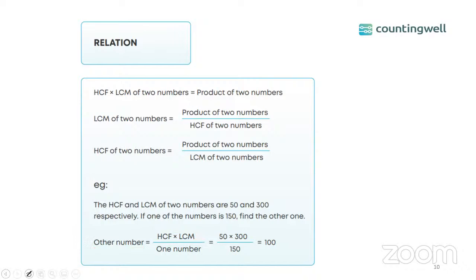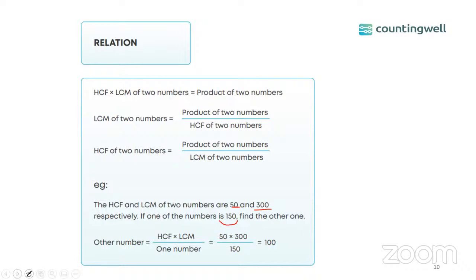For example, the HCF and LCM of two numbers are 50 and 300 respectively. If one of the numbers is 150, find the other one. In this question, the HCF and LCM of two numbers are given, which is 50 and 300. Now, one of the numbers is given as 150. We are going to find the other number.